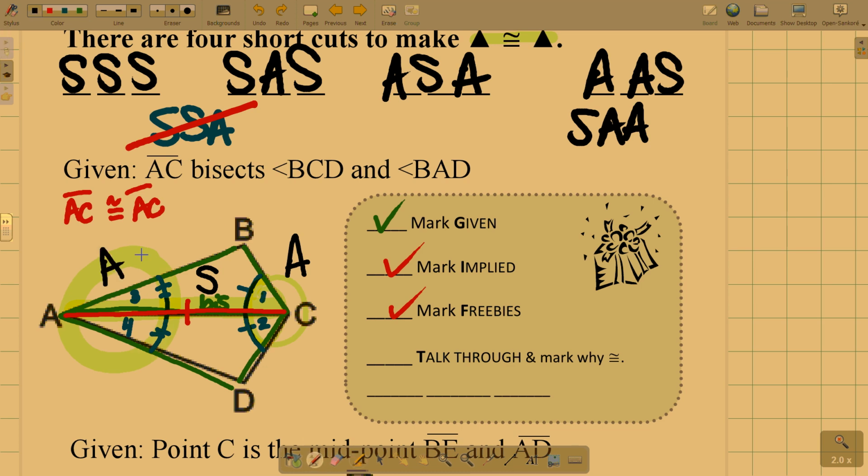So we see that this shortcut in this scenario is going to be angle, side, angle. That talk-through part is really important. Let's try another one together.